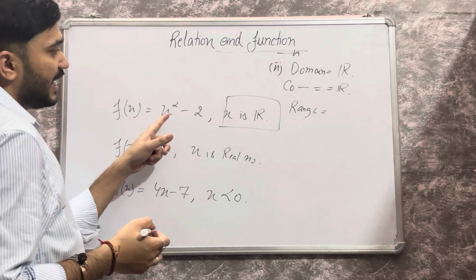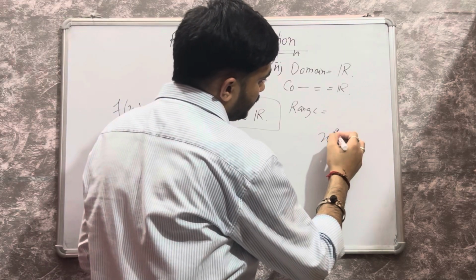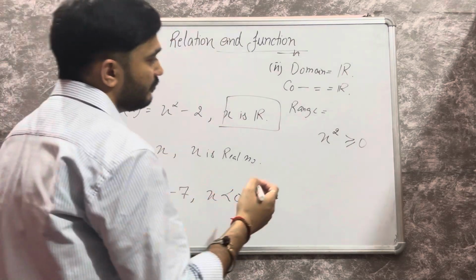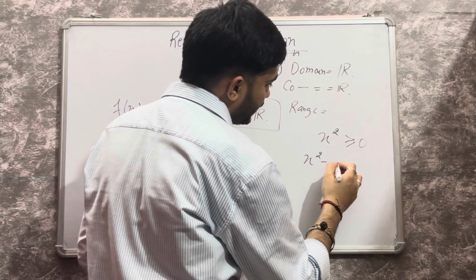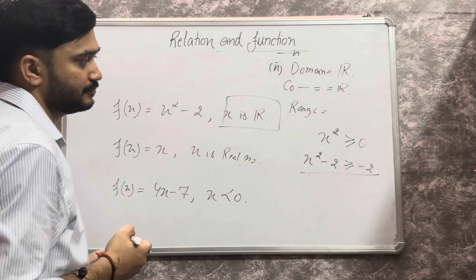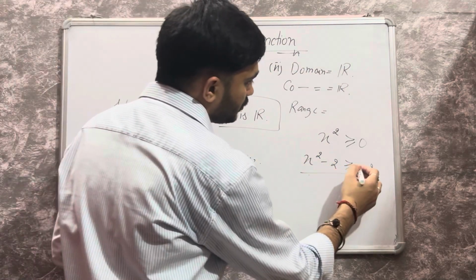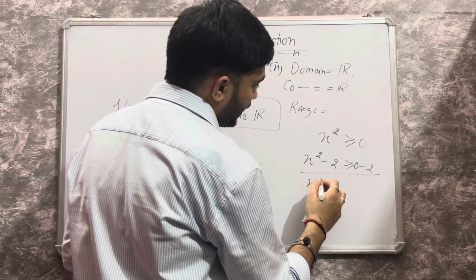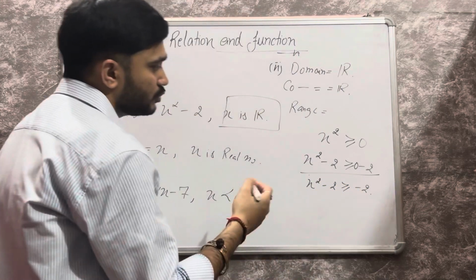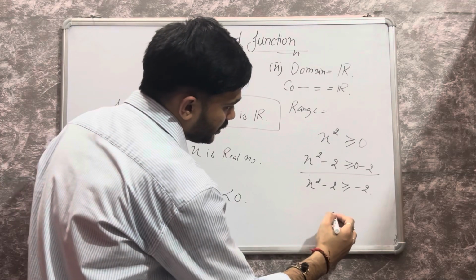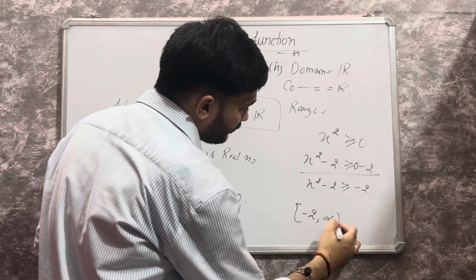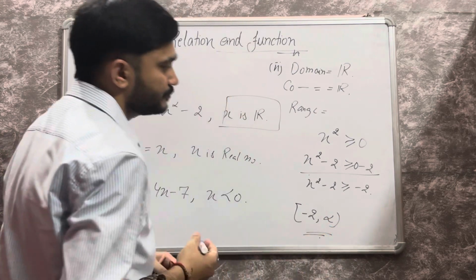Since we know that x square is always greater than or equal to 0, if we subtract 2 from it, you will get 0 minus 2, so x square minus 2 is always greater than or equal to minus 2. So the range here should be minus 2 comma infinity. Any doubt?